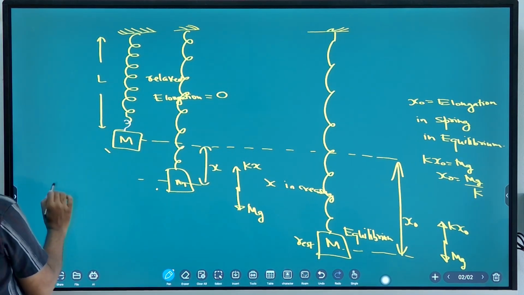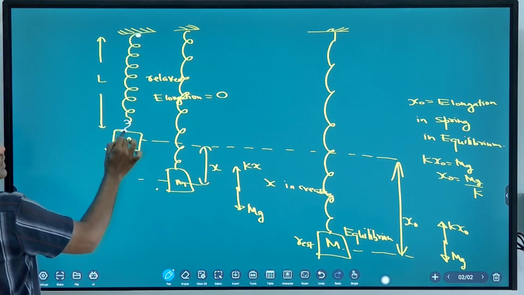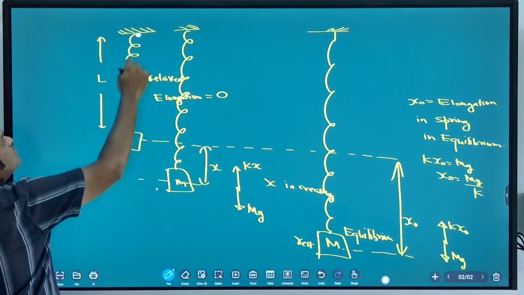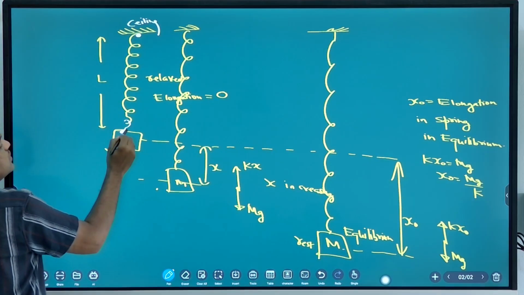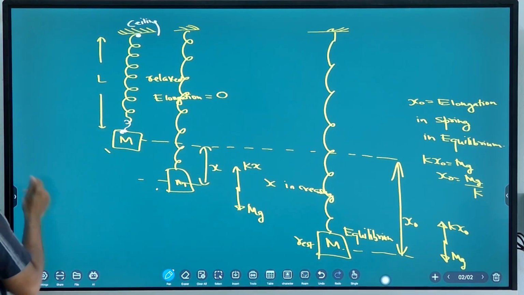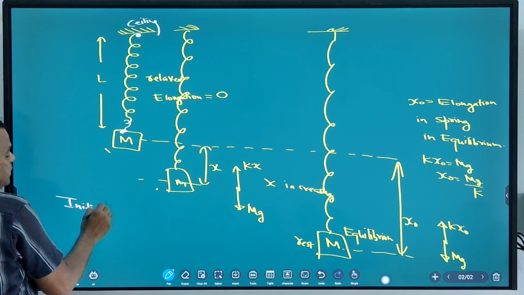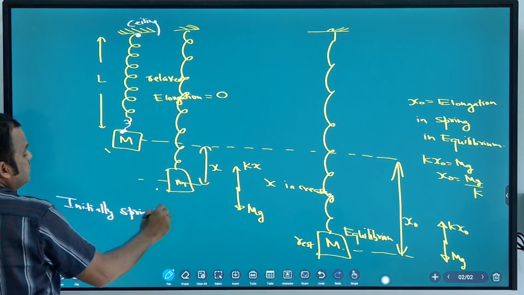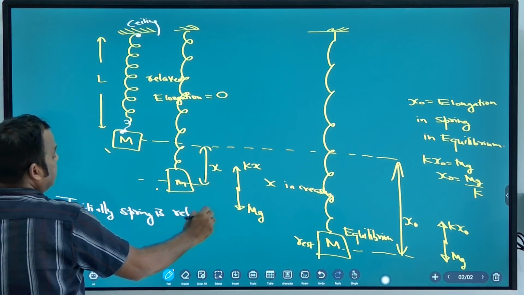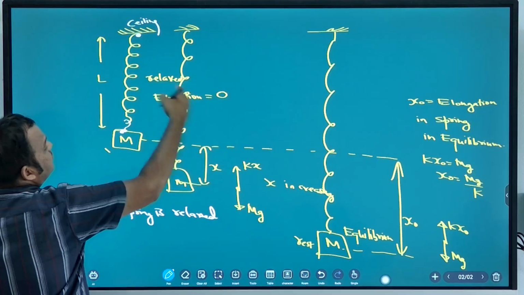Note down. How many ends does a spring have? Two ends. One end is connected to the ceiling. The other end is connected to the block. So initially the spring is relaxed. Relaxed means no elongation. Elongation is zero.